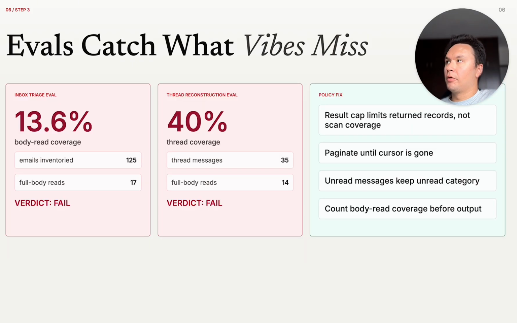And moving further is the third step, and it's evals. Evals is my favorite thing, to be honest. Specifically evals for workflow failures, not just answer quality, this mysterious agent quality.